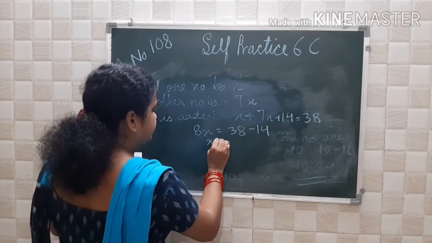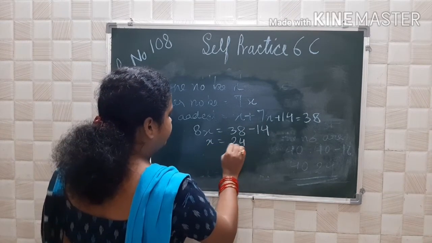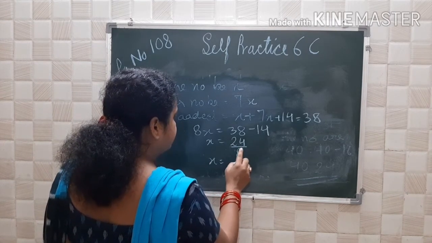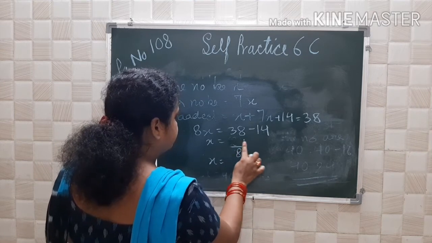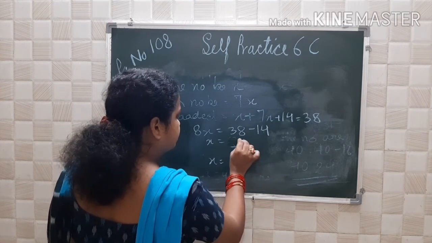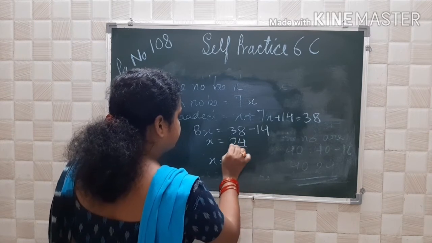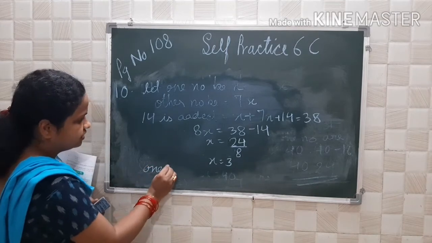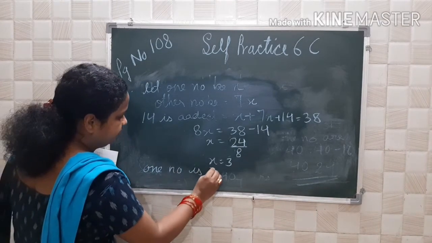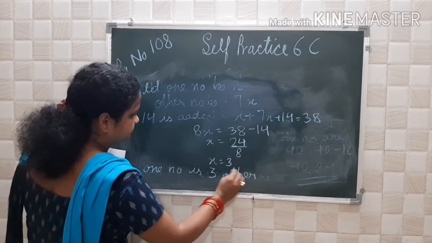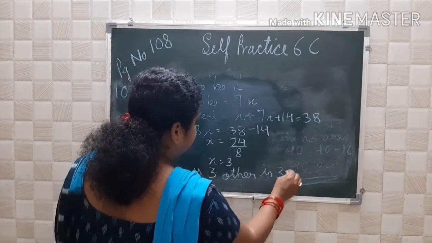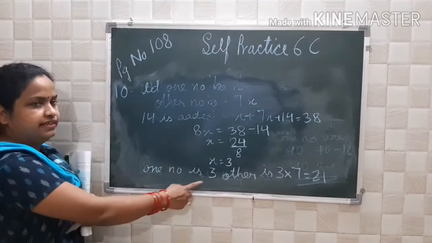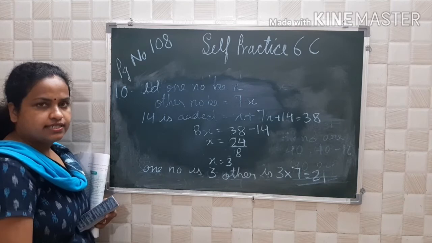So x will be 38 minus 14, 24 upon 8. x is equal to 3. So here x is equal to 3. So one number is 3 and the other is 3 into 7, that is equal to 21. So what are the two numbers? 3 and 21.